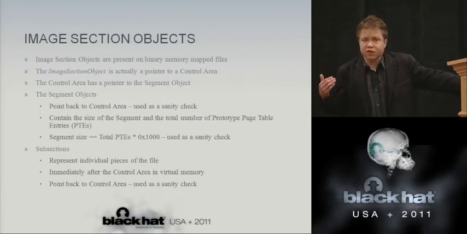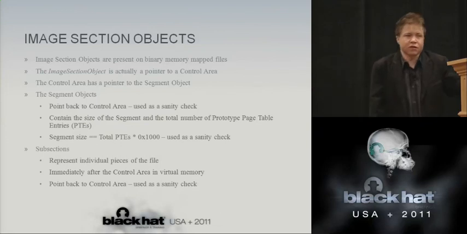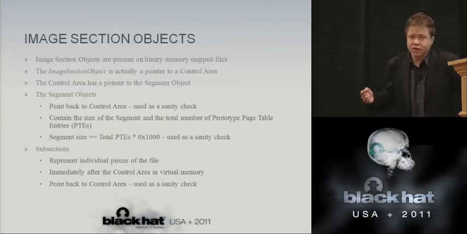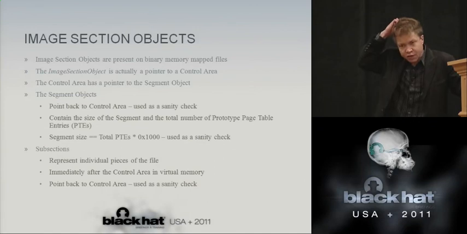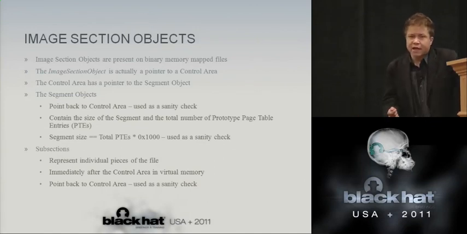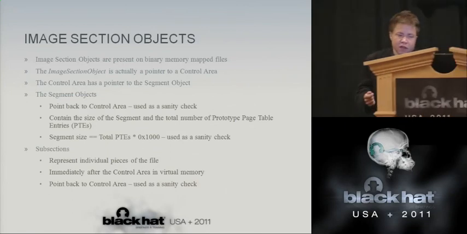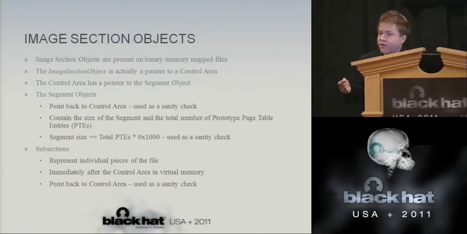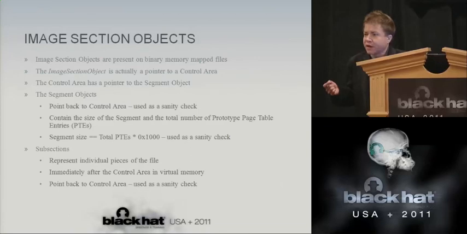So those different sections within the file might be the .text section or the .data section, .resource section, different things like that. It has a relative virtual address within the file, so it's an offset within the file. It also contains a size, and it would describe the permissions or the flags on that area of the file.